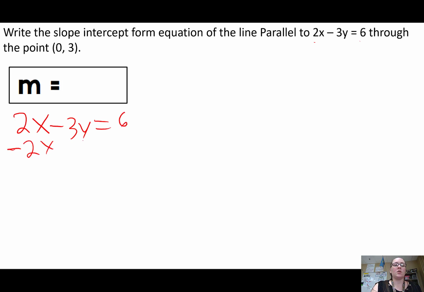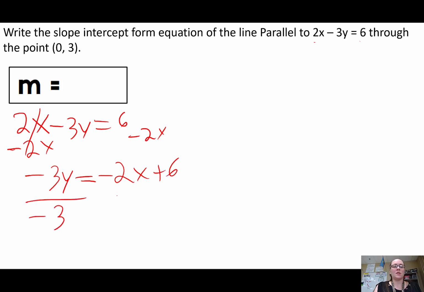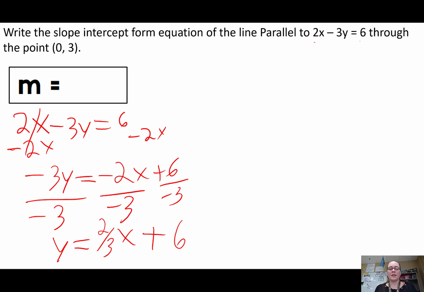So I'm going to subtract 2x from both sides of my equation, leaving me with a -3y equal to -2x plus 6. Divide everything by -3. So we get y is equal to, well, -2 divided by -3 does not simplify, but it does become positive 2/3. So now looking at this, I have my slope that we're going to use of 2/3.